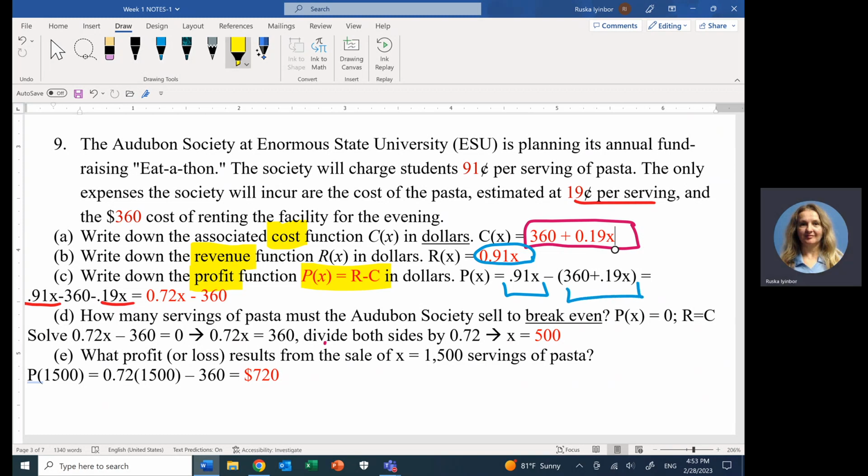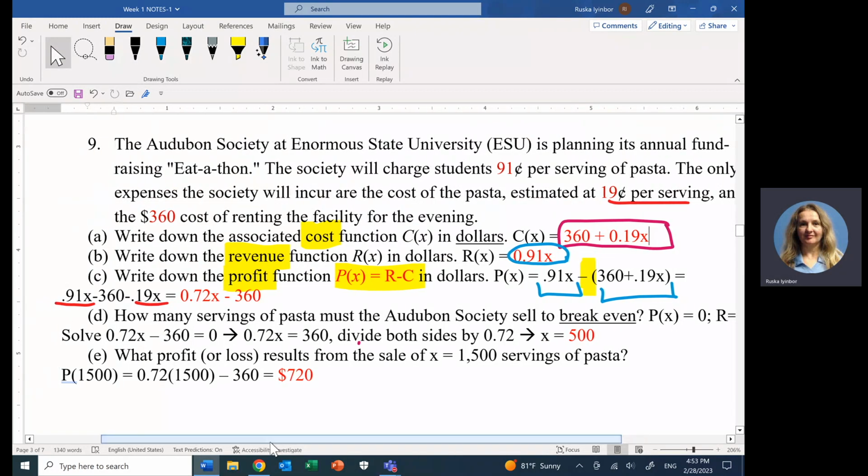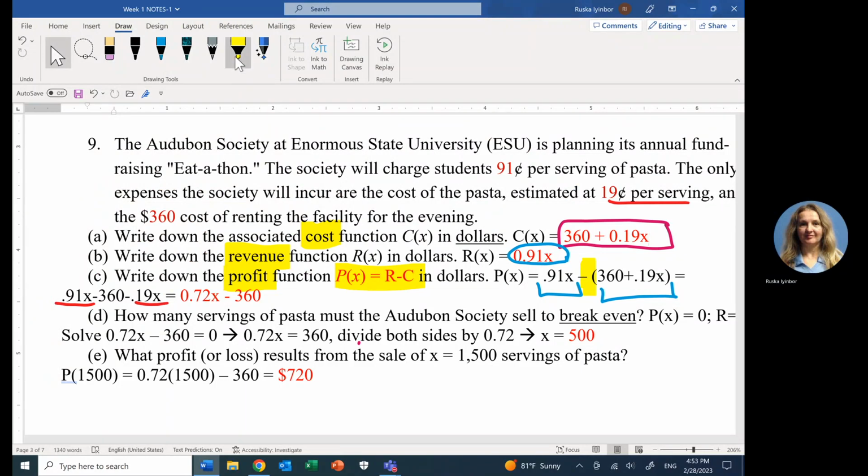Because it's minus, you need to make sure you put parentheses after the minus. And then we're going to do the parentheses and simplify. So we're going to get 0.91x minus 360, and then minus 0.19x, minus and plus give me minus.